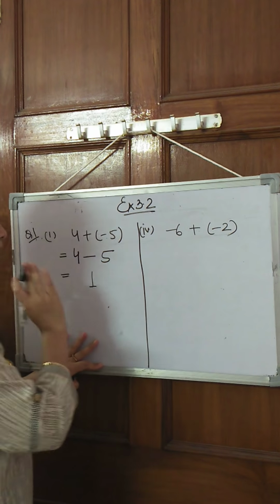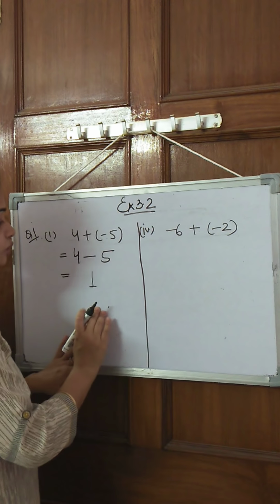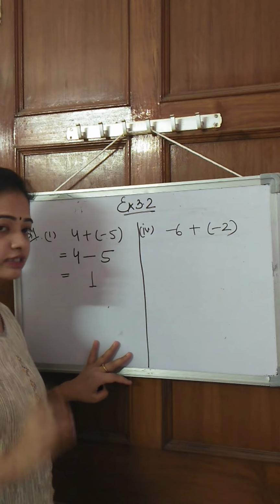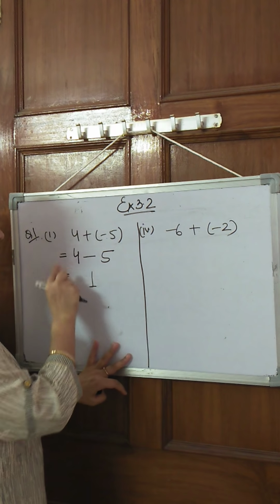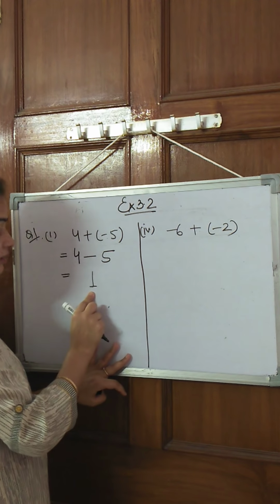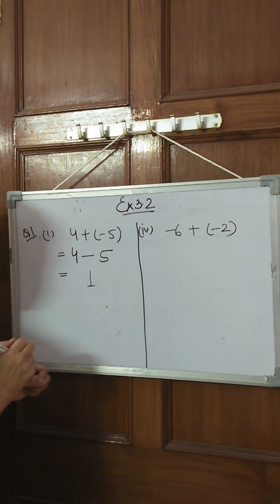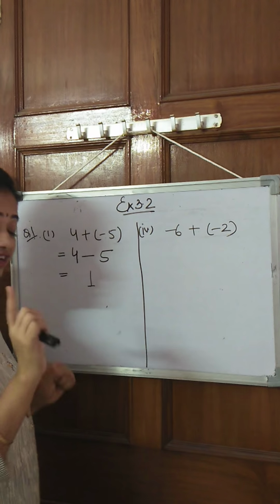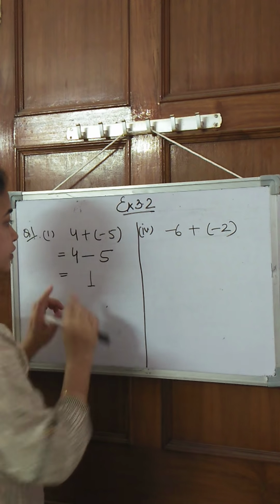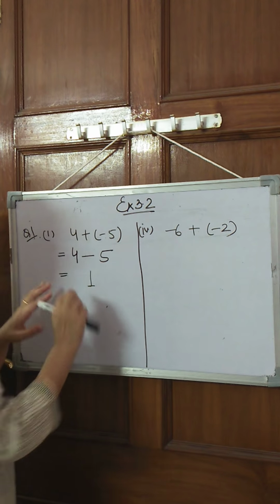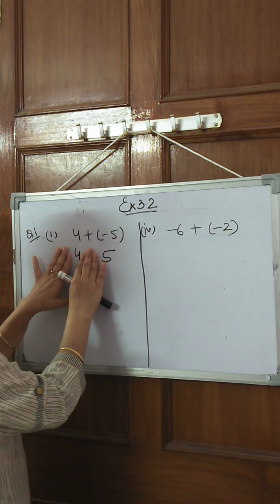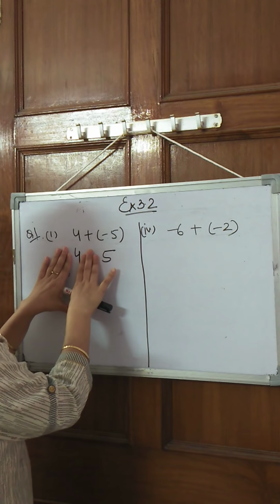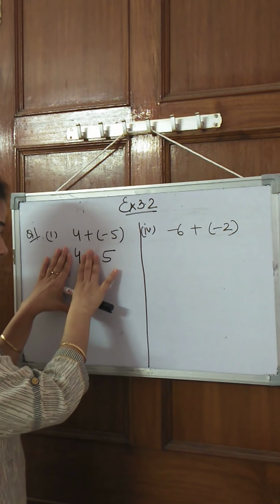Yes. Now I have to put the sign with 1. Which sign do we put with 1? It's an integer, so you should decide the sign at the end. To decide the sign in any answer, we see the numbers here. It's only the numerical value. Very important. Only the numerical value, not the number. So if I see these two numbers without the sign, 4 and 5, which is greater? 5 is greater.